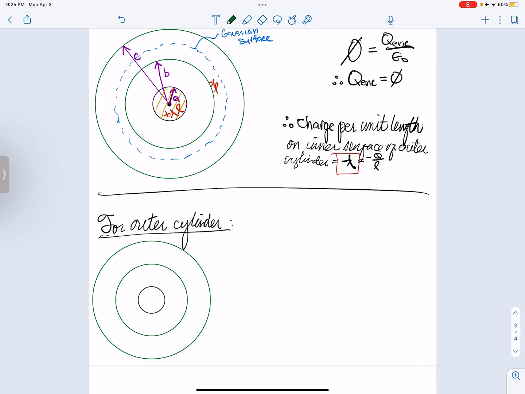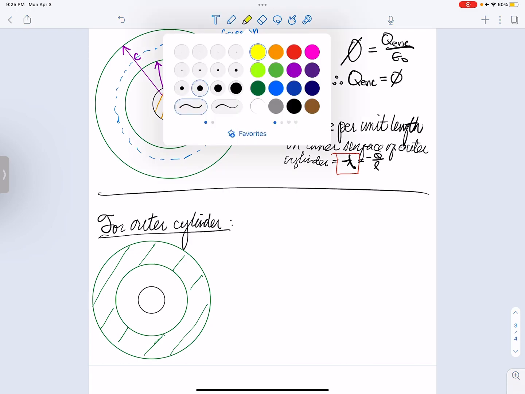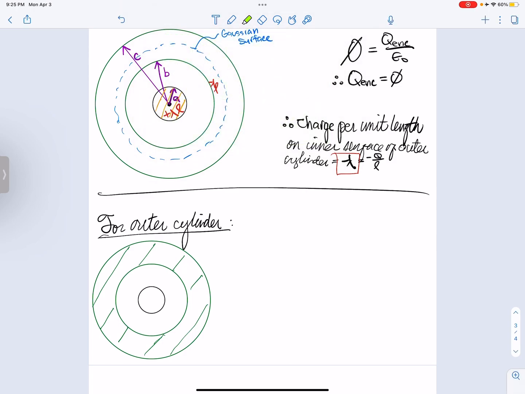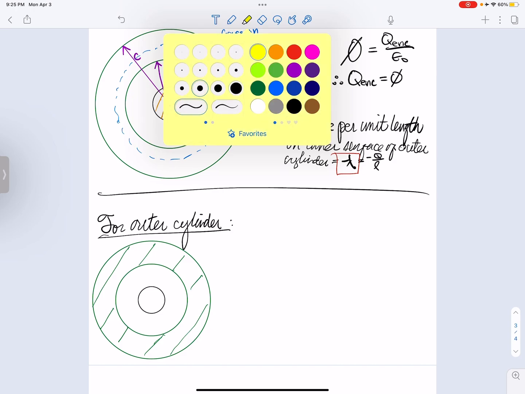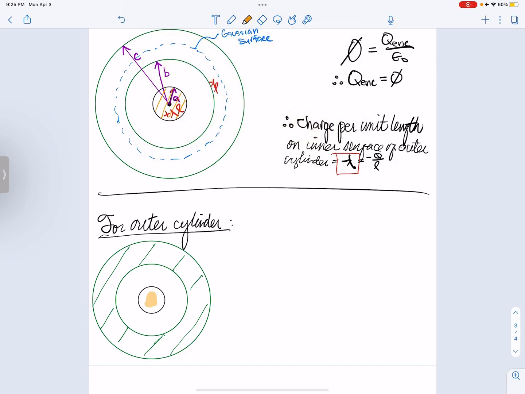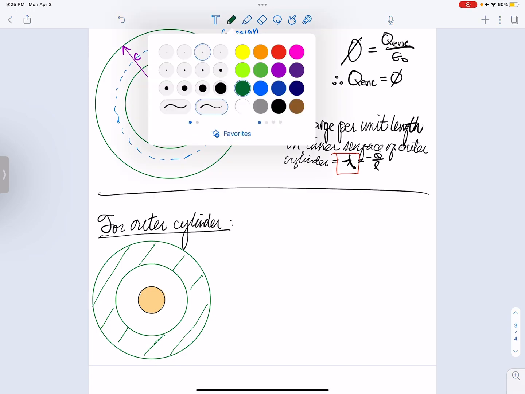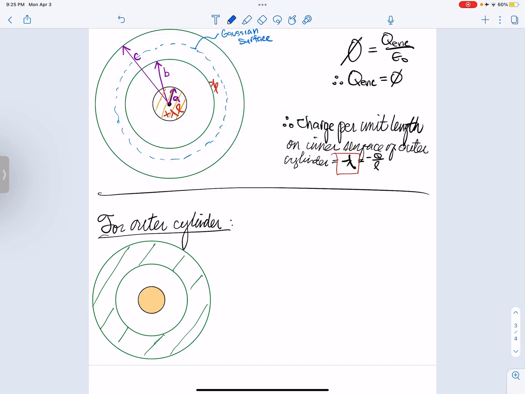My outer cylinder will have this cross section where you see the green stripes. And this inner cylinder right here is going to have a charge of plus lambda L.